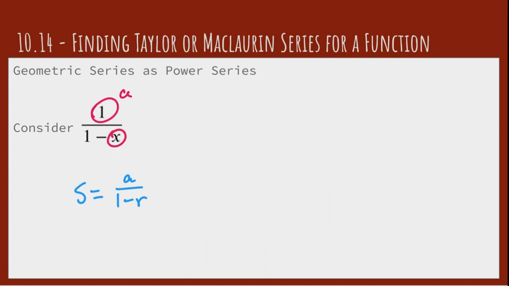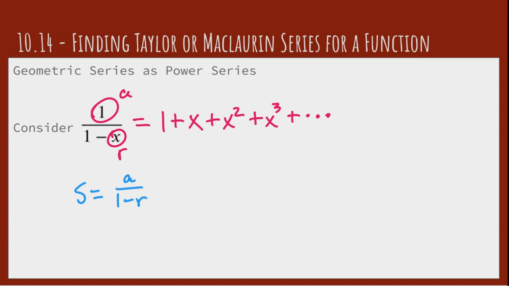This is going to be the first term. This is going to be the common ratio. And so for x values that are between -1 and 1, this is going to equal, so the first term is 1, the common ratio, we multiply by x, multiply by x, multiply by x, and this gives us a Maclaurin series for this function.